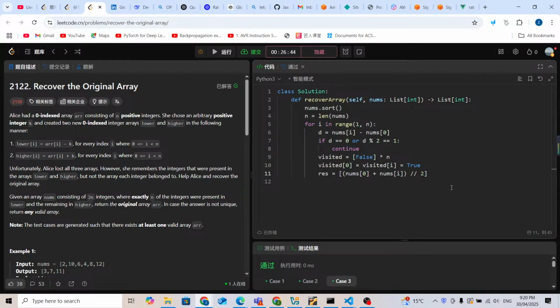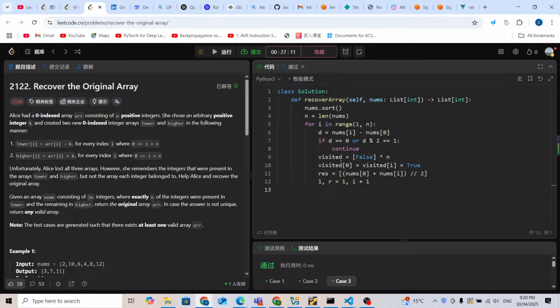We can calculate it. If it is possible, we're going to put the first possible result inside the result array. Now we're going to check the next possible case. So we're going to prepare a left and a right, a low and high. The left starts from 1, and the right starts from I plus 1, because I is for high, and I plus 1 is the next number.